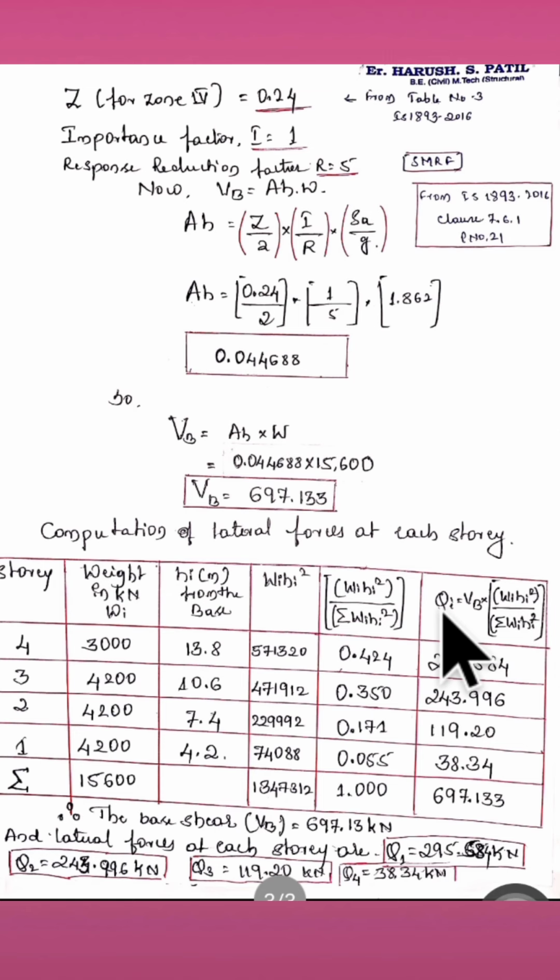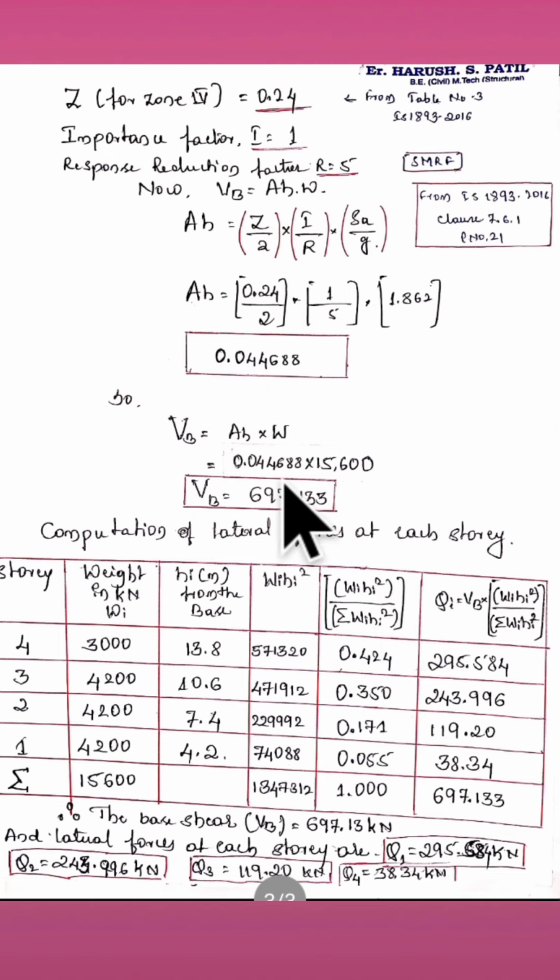Now Qi is equal to VB into Wi hi square divided by the summation of Wi hi square. This Qi indicates the story shear, and i is the story in which it is. Here the first one is Qi equals VB into this particular ratio.